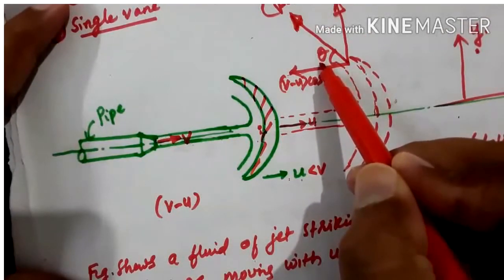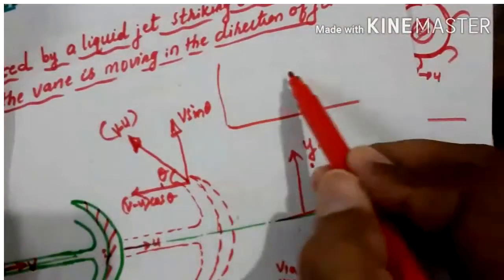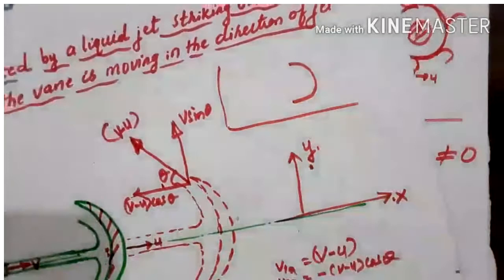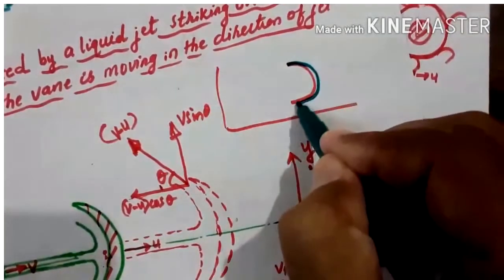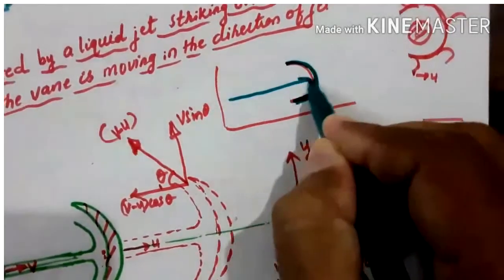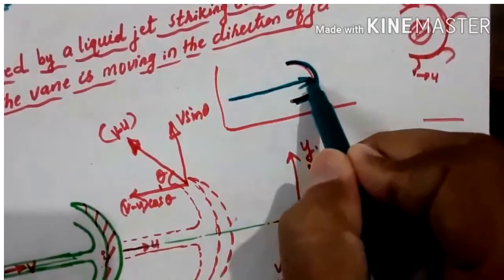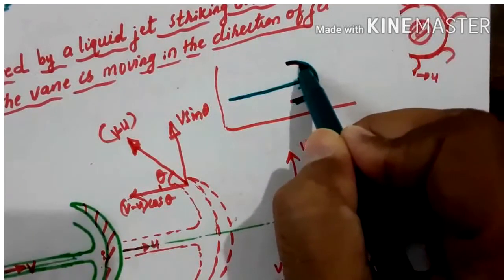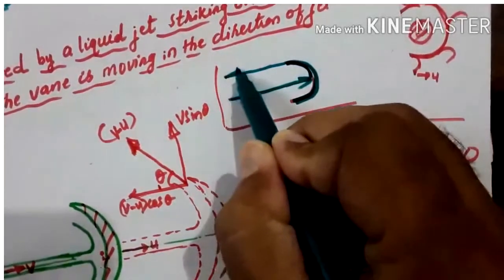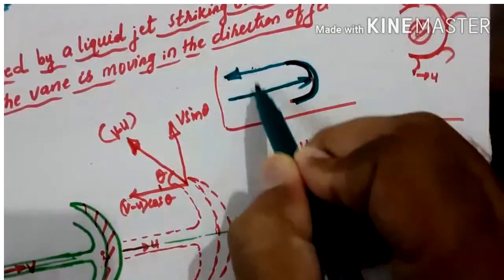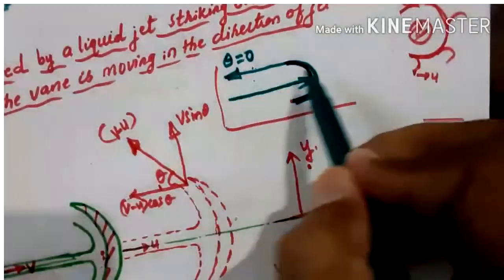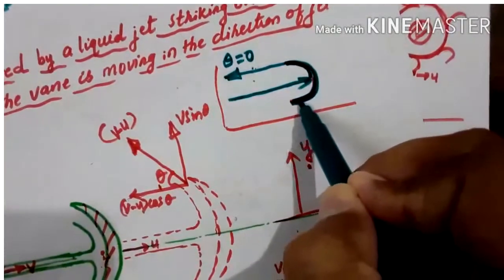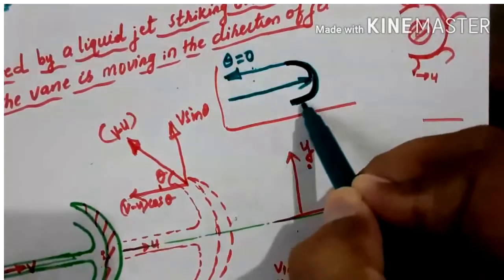When this theta is equal to 0, suppose this is the vane, the jet is striking on this vane. When the jet strikes, the water glides over the surface, and if it exits like this, parallel to the incoming jet, if these two are parallel, then theta will be 0. When theta is 0, what kind of plate is it? It is a semicircular plate.